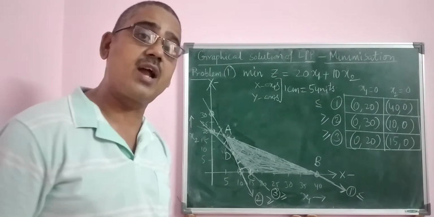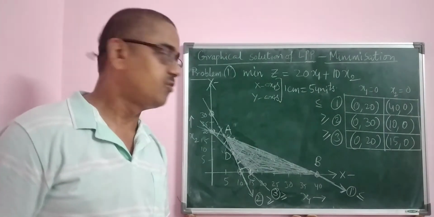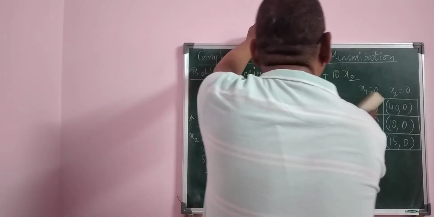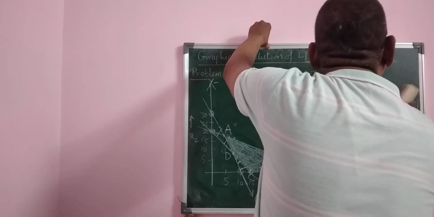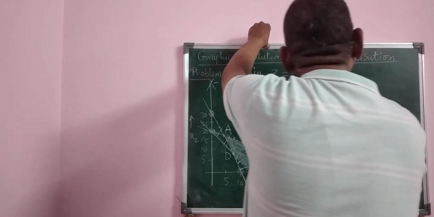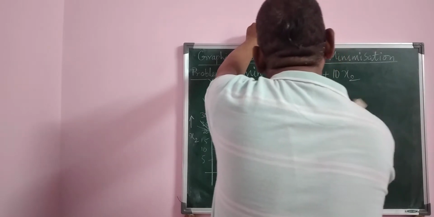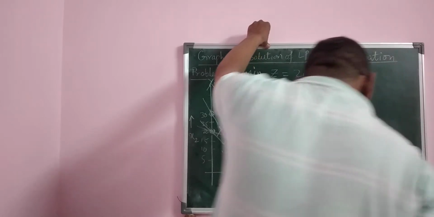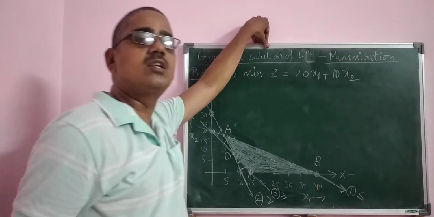So we have obtained the feasible region, and once it is obtained, obviously the corner points are determined.